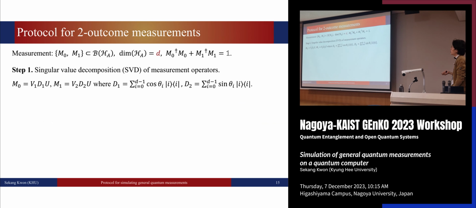First, we deal with two-outcome measurement. Here we are given a two-outcome measurement in a Kraus representation. First, we do singular value decomposition of the measurement operators like this. Here, V1, U, and V2 are unitaries, and D1 and D2 are diagonal matrices.